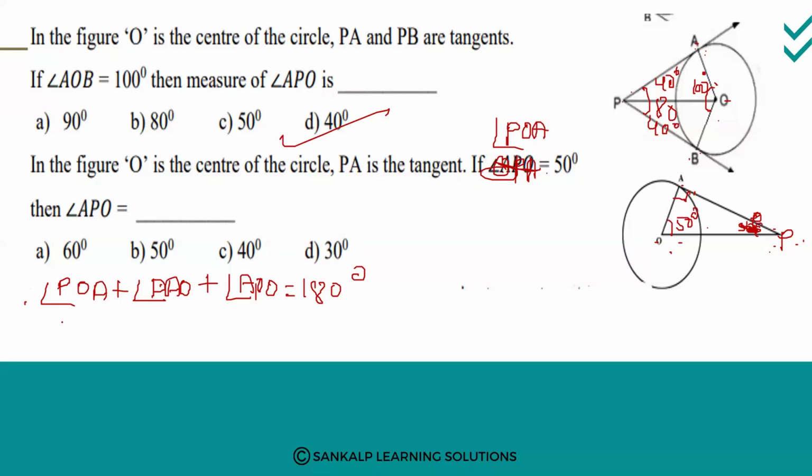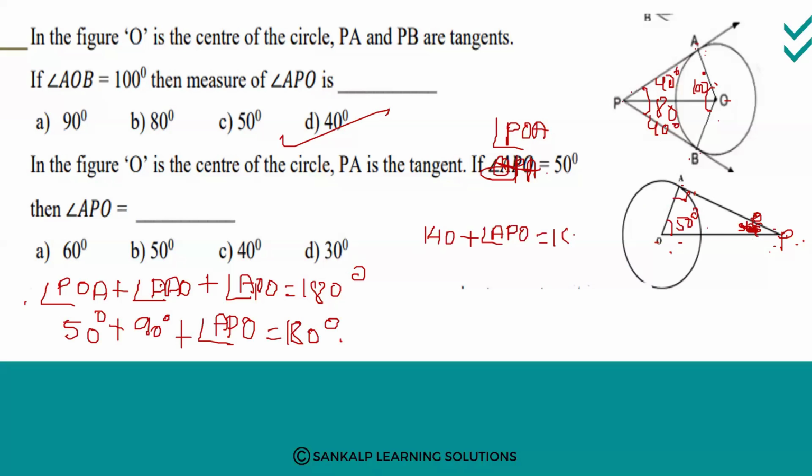Now POA is 50 degree plus PAO is 90 degree plus APO. APO we don't know is equal to 180 degree. Now 90 plus 50 is 140 plus angle APO is equal to 180 degree. Transfer this 140 to this side. That is APO is equal to 180 degree minus 140 degree, that is equal to 40 degree. So option C is right.